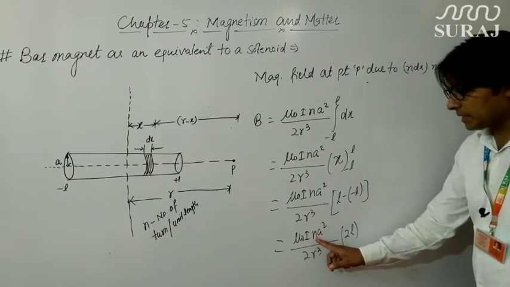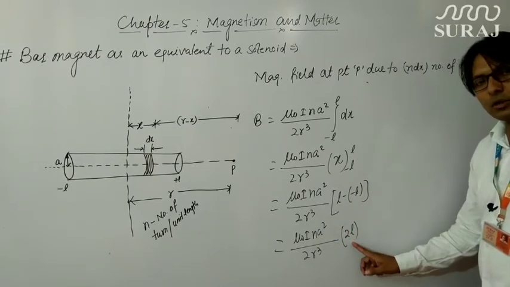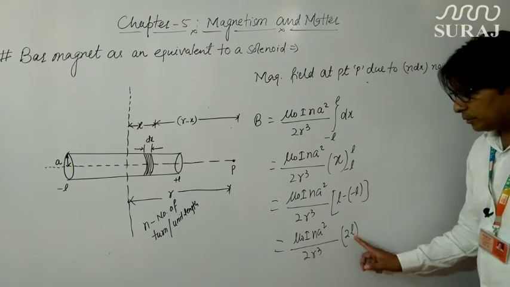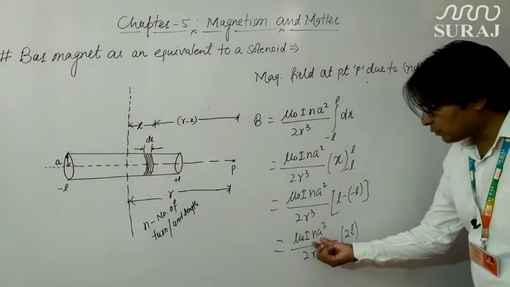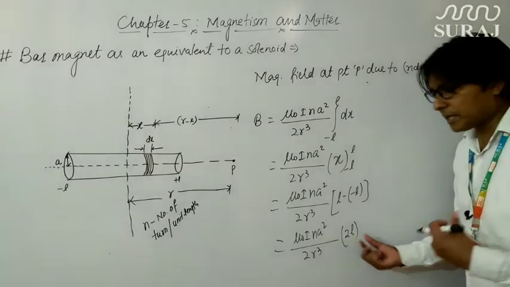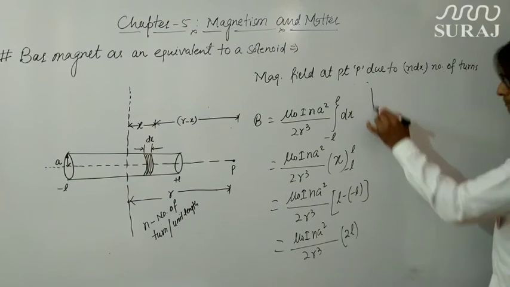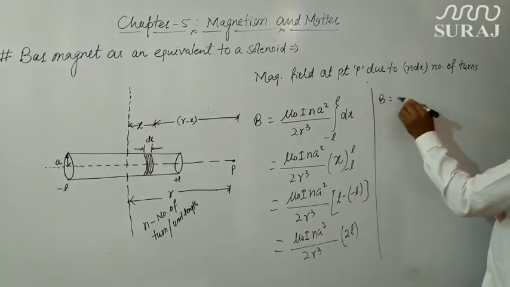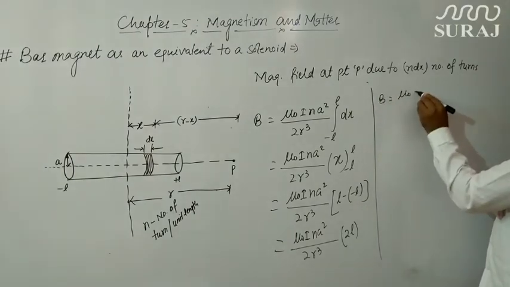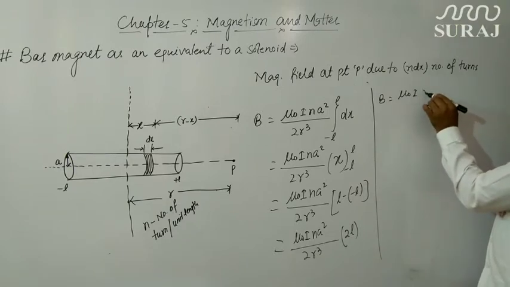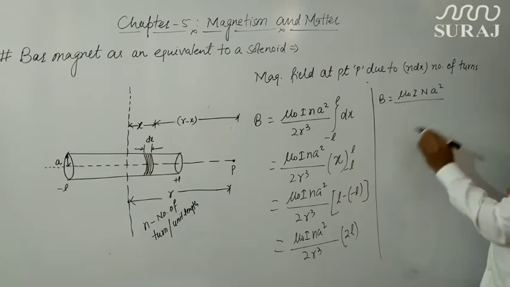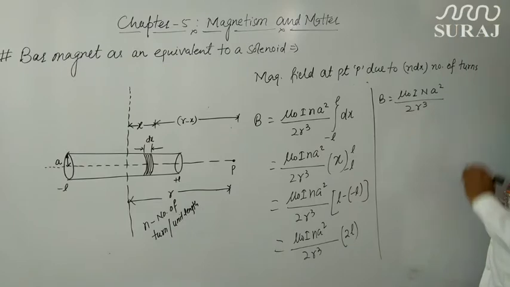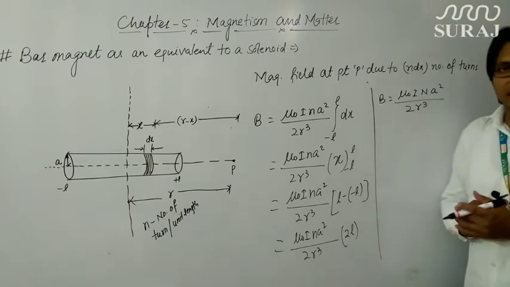So if I multiply this small n into the total length of the solenoid, then it gives the total number of turns, which is denoted by capital N. So in place of n into 2L, I can write down capital N. So B is equal to mu 0 I, and in place of n into 2L, I am writing capital N, A square upon 2r cube. So this is the expression.